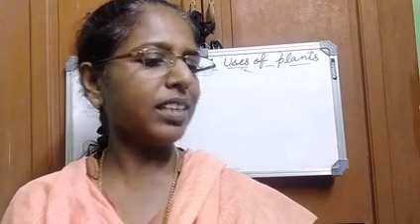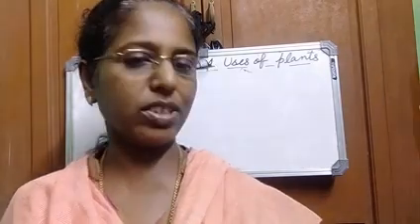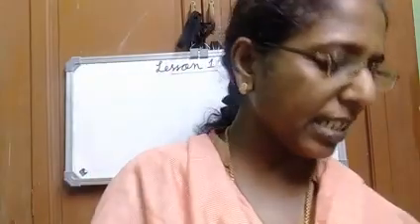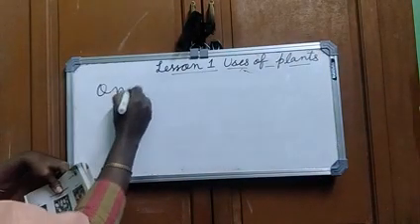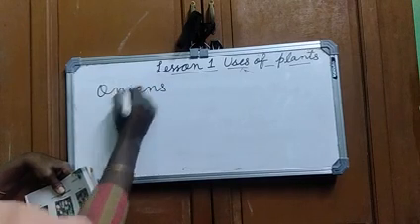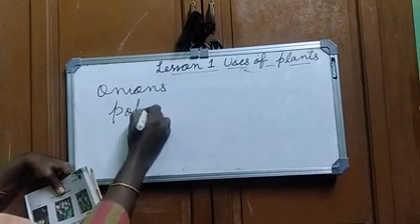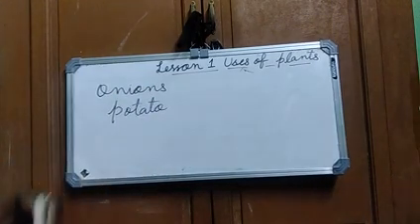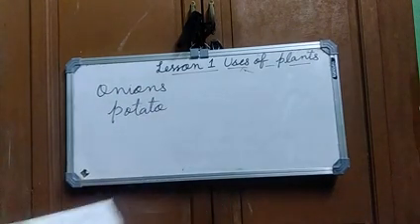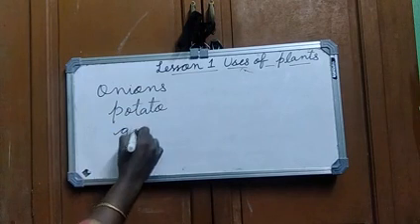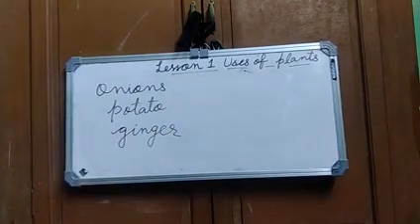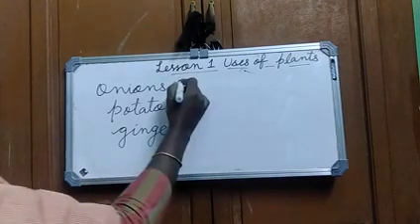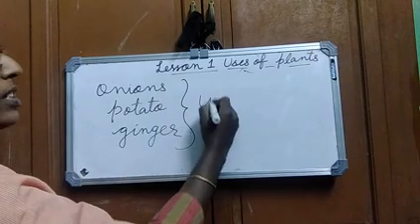Then we eat underground stems also. Underground stems: onions, potato, ginger. Onions, potato and ginger are underground stems.